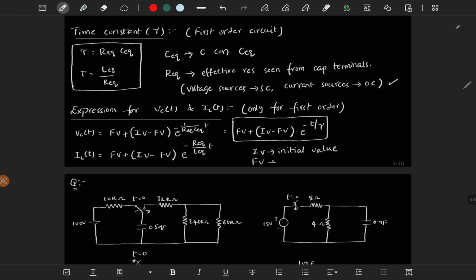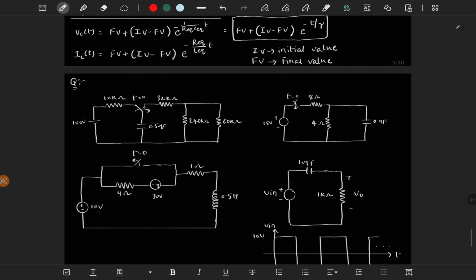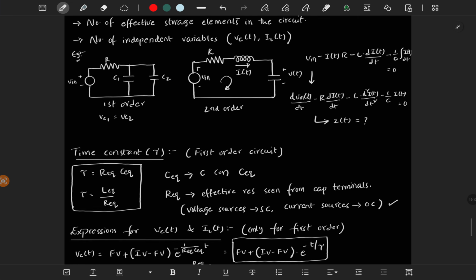And the final value is, you replace the capacitor with open circuit, then you will get the final value, and if you replace the inductor with short circuit, you will get the final value of that RL circuit. And this is good enough.